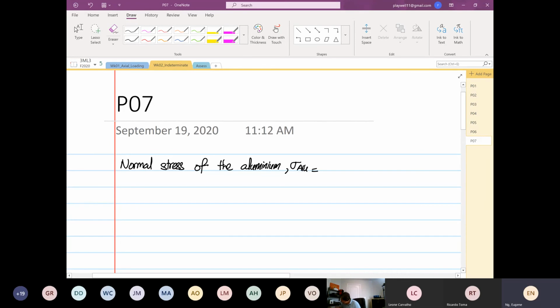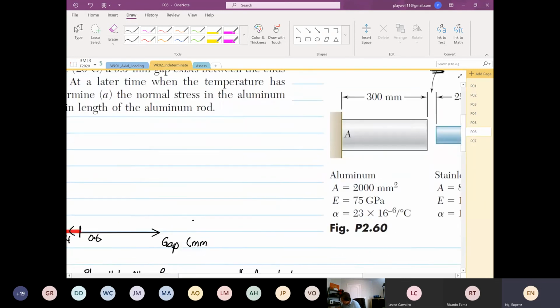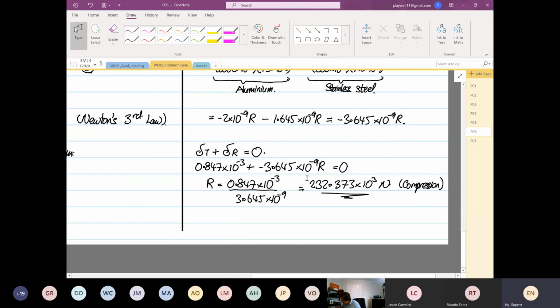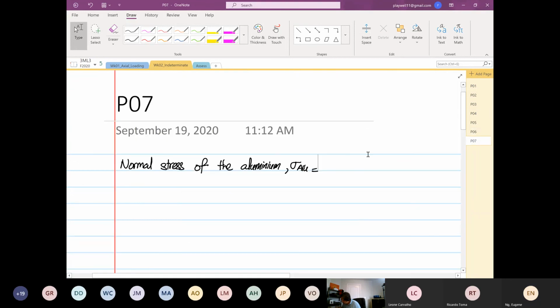The force we calculated is 232.373 times 10 to the power 3, and you know that it's going to be minus because it's in compression.